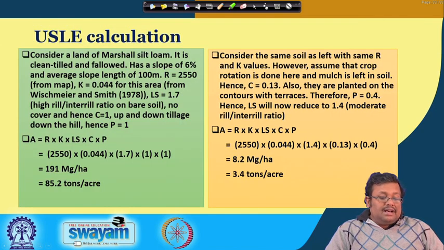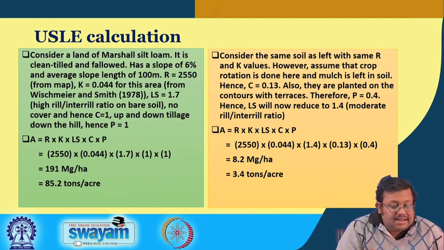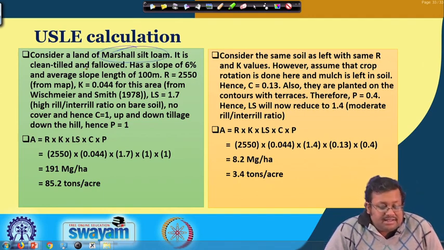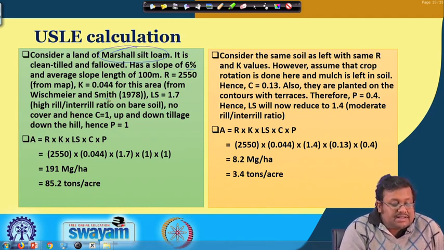So let us see the universal soil loss calculation and subsequently the revised universal soil loss equation calculation. Consider a land of Marshall silty clay loam, a particular soil series, which is clean tilled and fallowed. It has a slope of 6% and an average slope length of 100 meters.